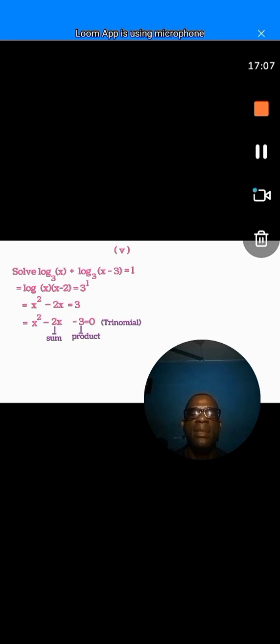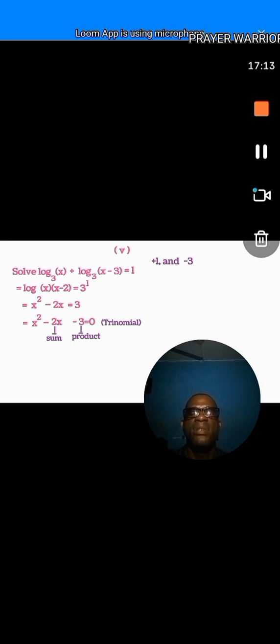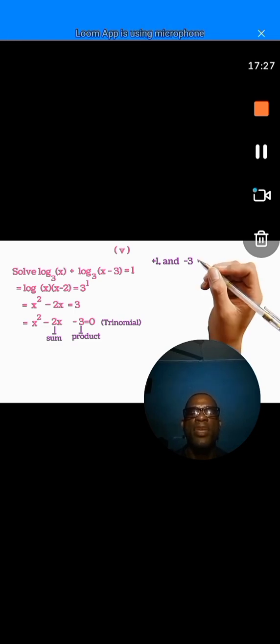That means plus 1 and minus 3 are the 2 factors that we are looking for. And this plus 1 and minus 3, we are going to use it to replace minus 2x.